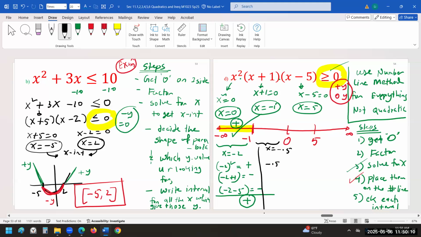So -0.5 squared, -0.5 plus 1, -0.5 minus 5. Negative squared, what do you get? Positive or negative? Positive. Now between 1 and 0.5, 1 is bigger, right? What sign does 1 have? Positive. So we're going to get positive here.